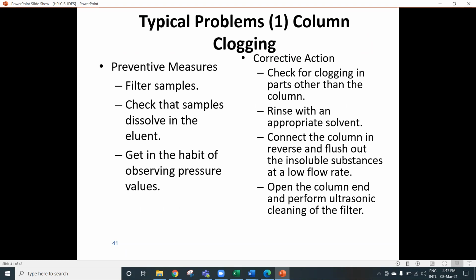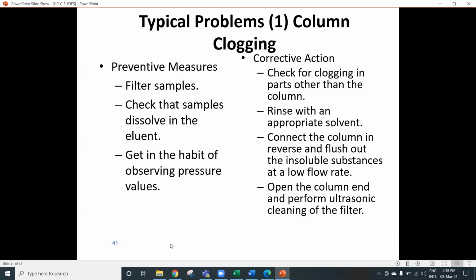So what are the problems that columns can have? If you filter your samples, you are preventing your column from clogging. So you must filter your samples each time before you introduce them into the HPLC, because if they're not filtered, the particulates in the sample might clog your column.